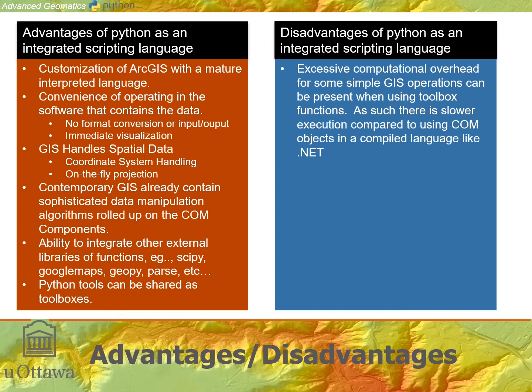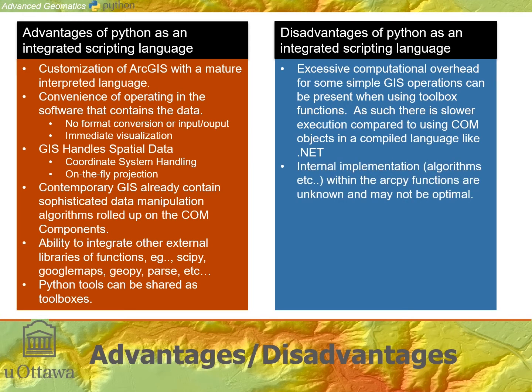So that can slow things down a bit, compared to if you just wrote a simple procedural program from scratch, let's say in C++ or C# or VB.NET, that just does polygon area. It would be faster. But these days, the differences are fairly small because of our powerful computers.